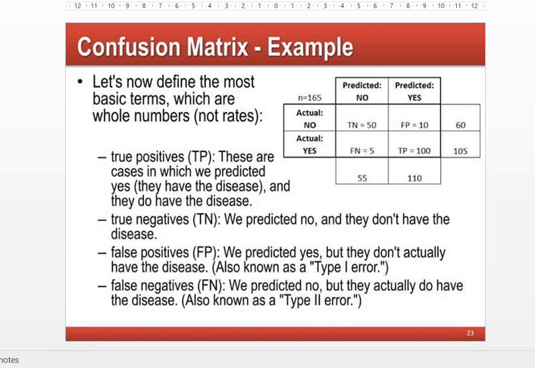Our prediction is true and the result is also true. And true negative means our prediction is negative and the result is also negative. That is true negative. Like that, false positive and false negative also there. So this is the important thing in analyzing the classification algorithms.